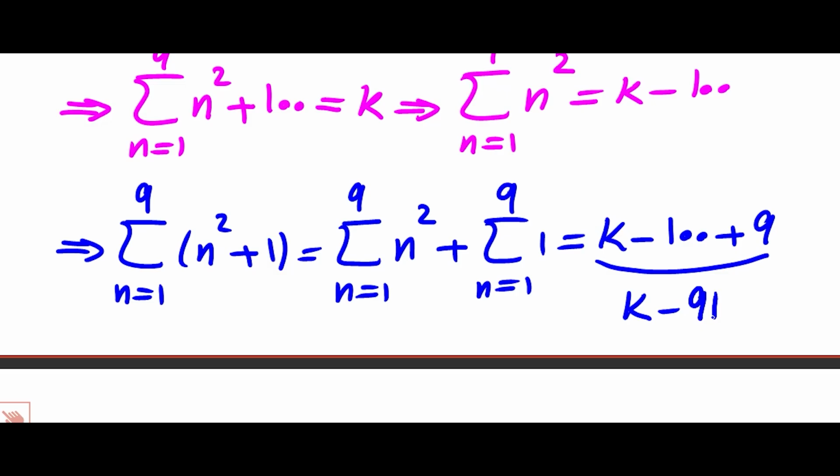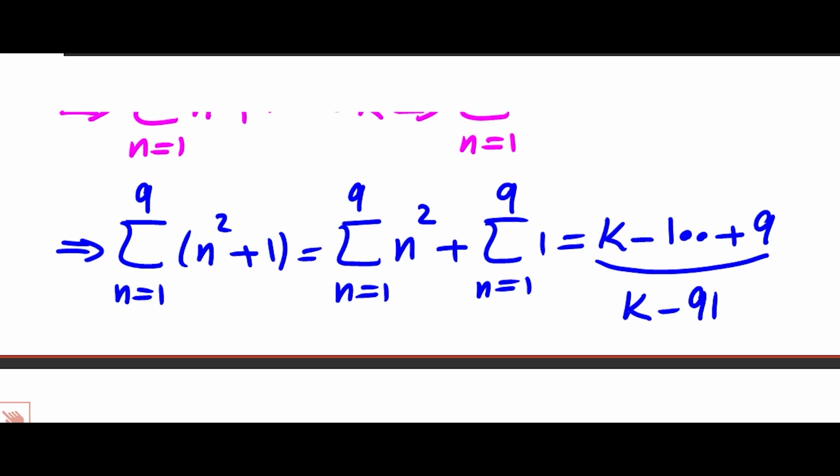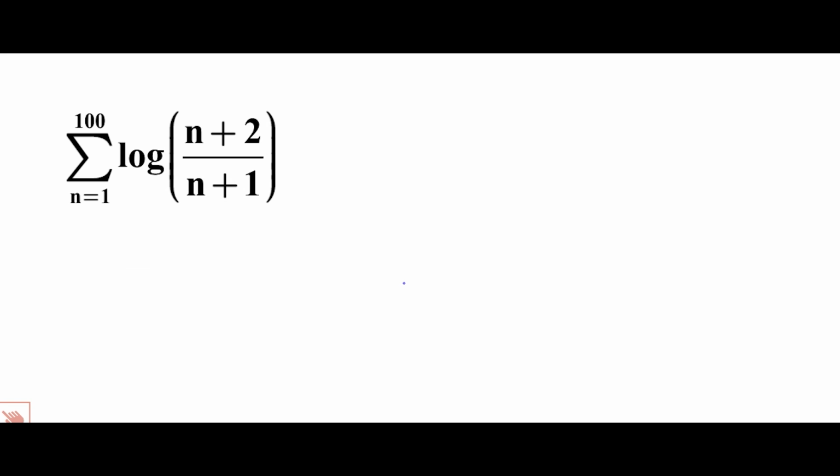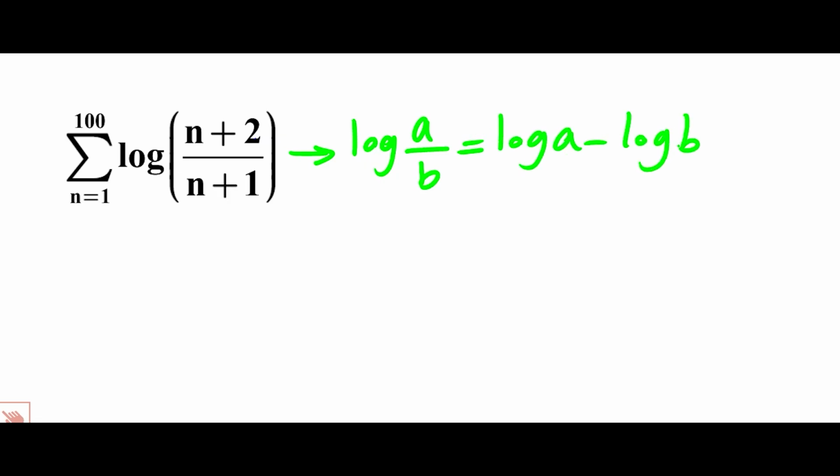Number 2: the sum of log of (n plus 2 over n plus 1) from n equals 1 to 100. First use the logarithm rule: log of a over b equals log of a minus log of b.